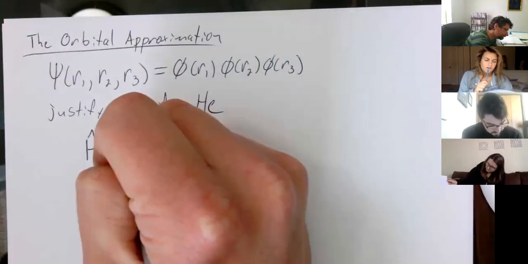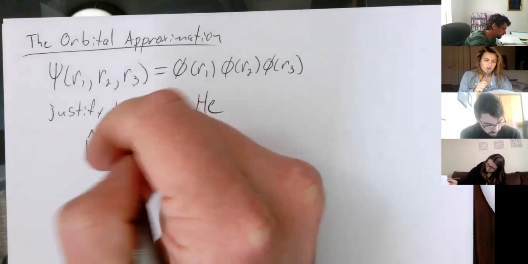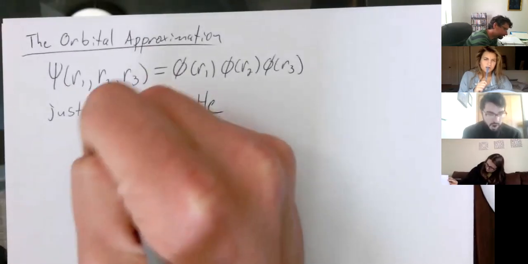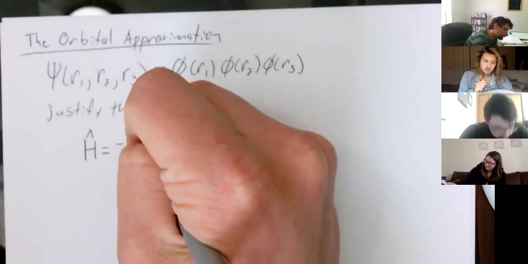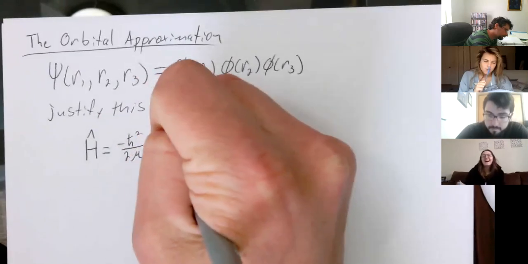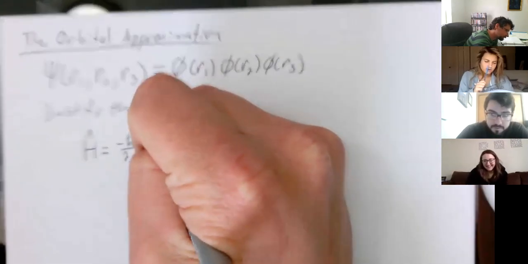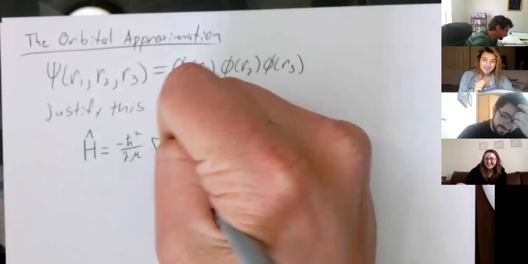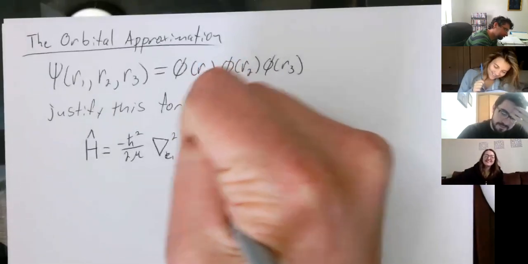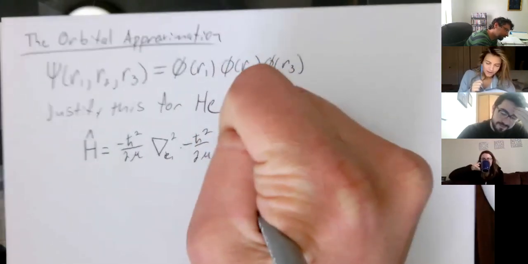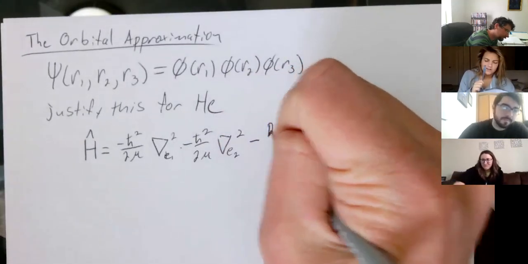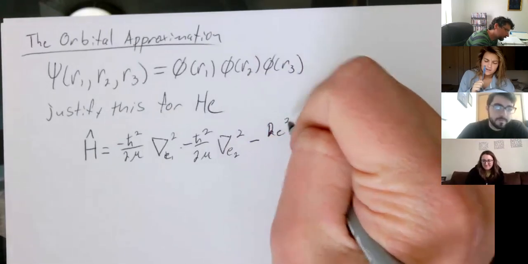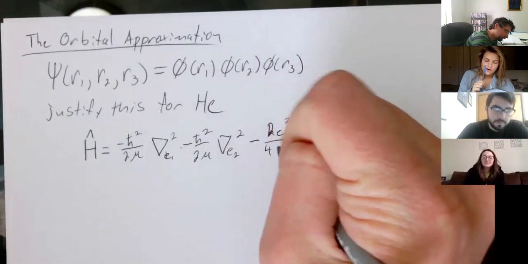Negative h bar squared over 2 mu times del 1 squared, minus h bar squared over 2 mu times del 2 squared, minus 2e squared over 4 pi epsilon naught r1, minus 2e squared over 4 pi epsilon naught r2.